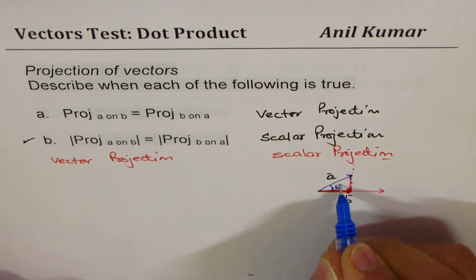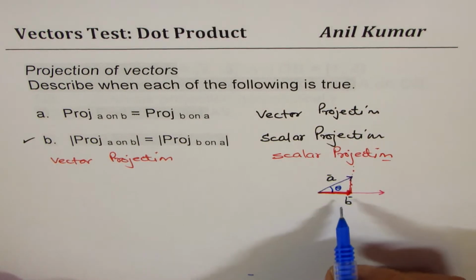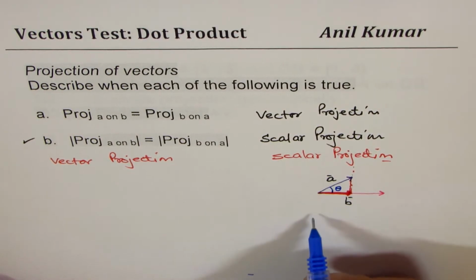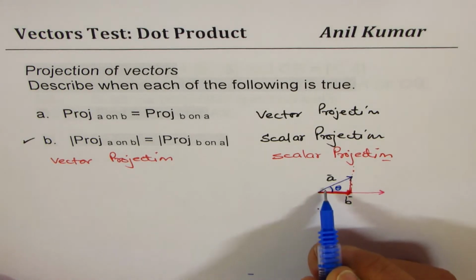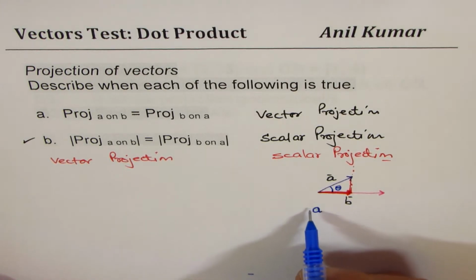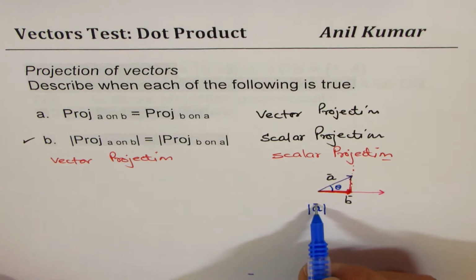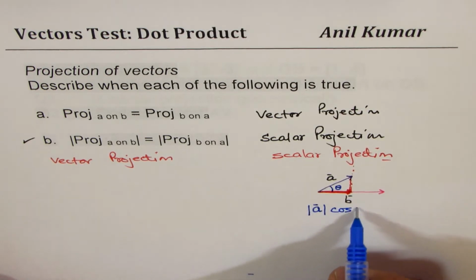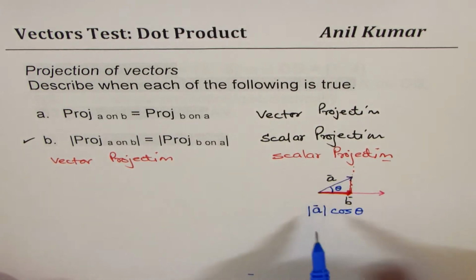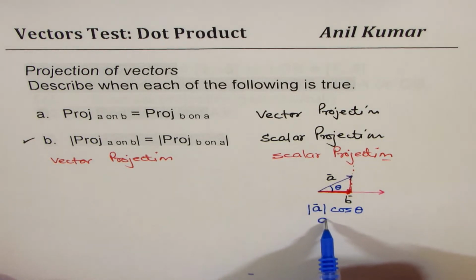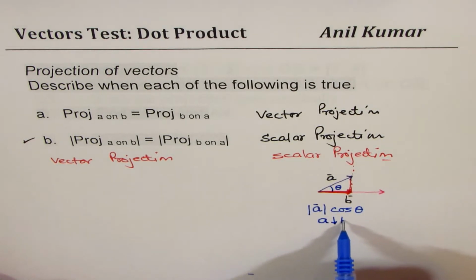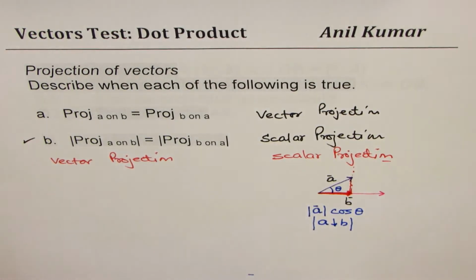So if the angle is theta, you can see that scalar projection is magnitude of A cos theta. So that is projection of A on B, right? And this absolute value makes it scalar projection.